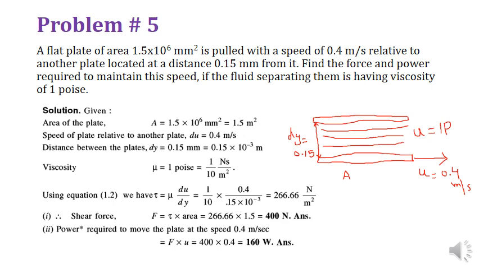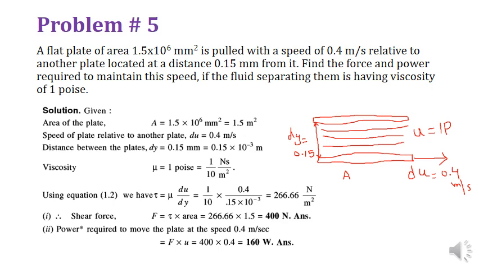That is in terms of du, the relative velocity. So relative to each other, if the movement is there, this change in velocity between the two has already been calculated and is directly given to you as du, 0.4 meter per second. So relative velocity means du.